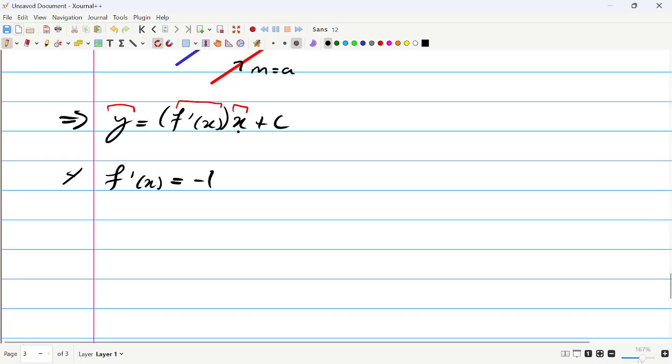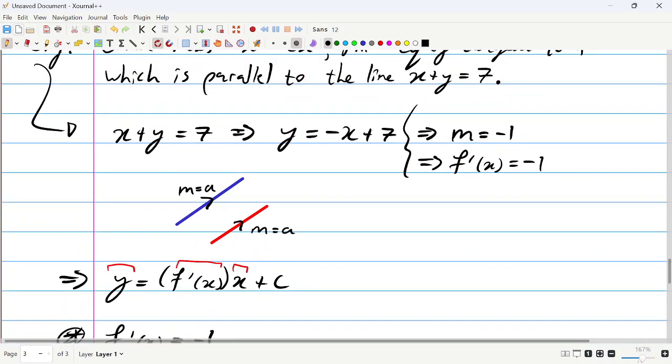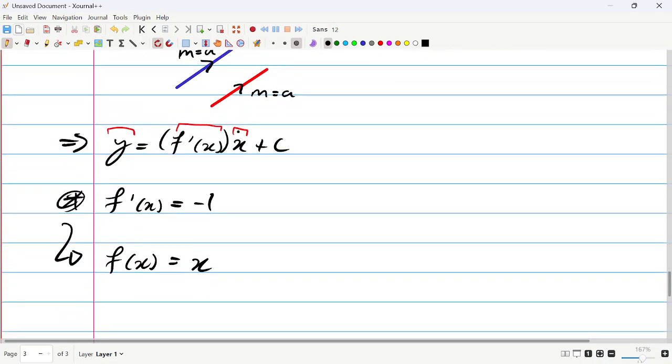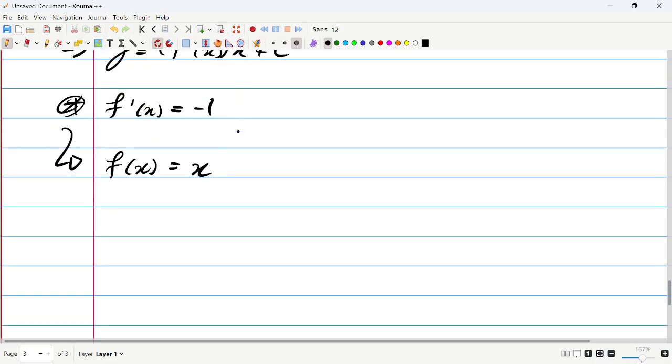So using this information, f of x, we know it was given to us as what? F of x is equal to x squared minus 2x, right? And to find the derivative, we take the derivative on both sides.